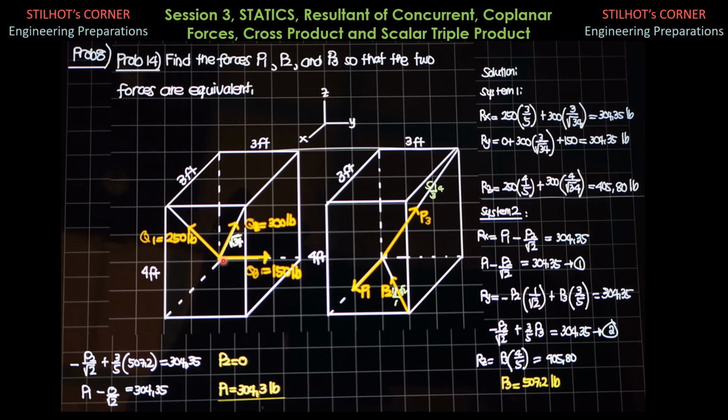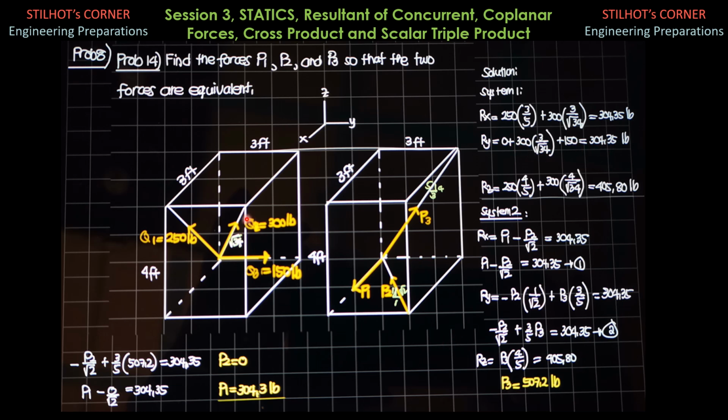Y component of distance of Q2 again is 3 because it is rightward, 3 divided by distance square root of 34. Then plus Q3, which is purely towards the positive y-axis, so plus 150, equals, combining, 304.35 pounds.